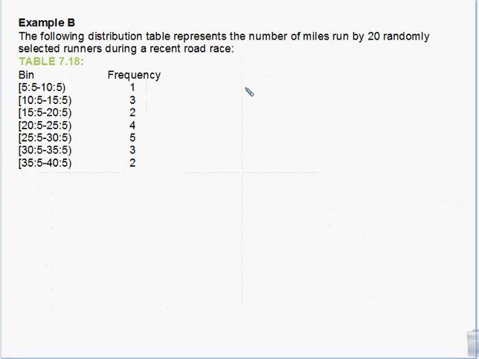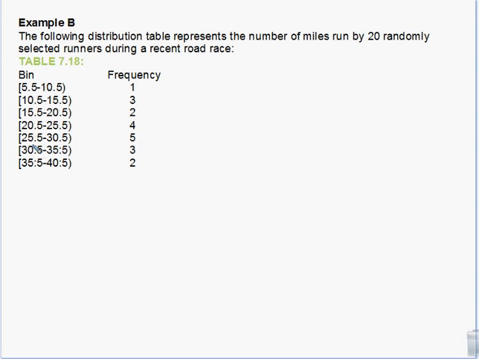Okay. So here we have a bin. On these, I don't know why it copied off as colons. They're supposed to be 5.5, 10.5. Here, I'll fix it real quick. There, that makes it look more like actual numbers.